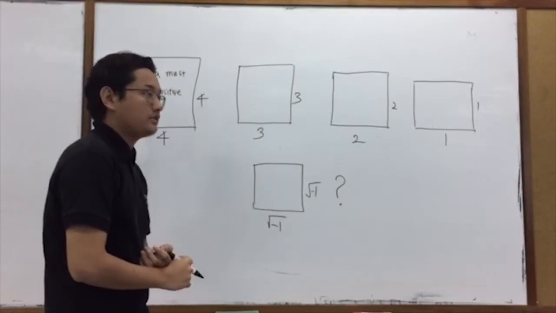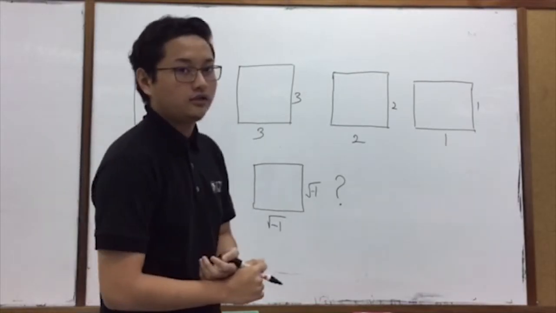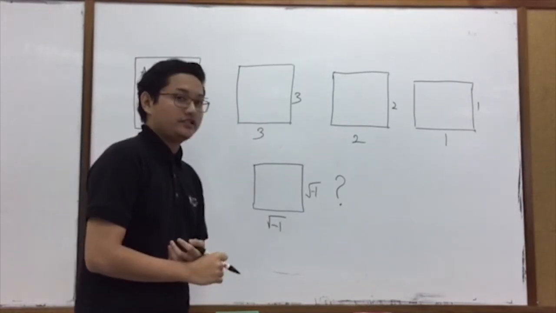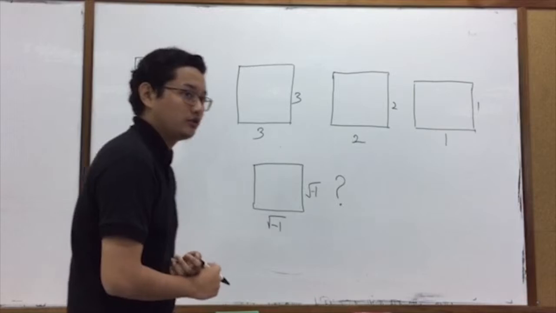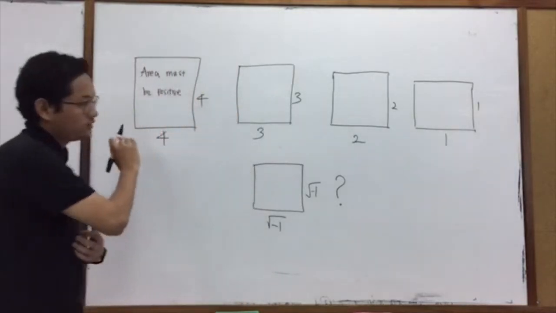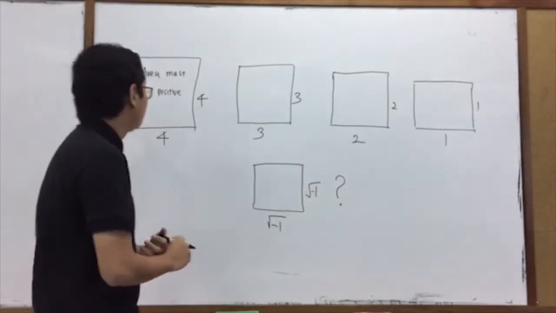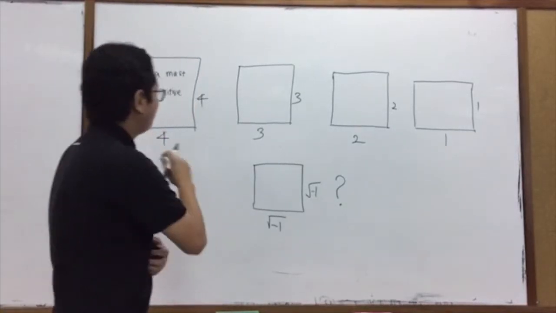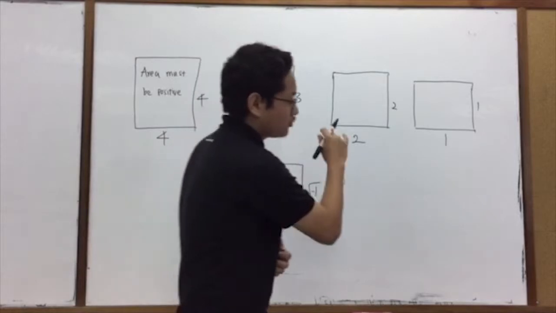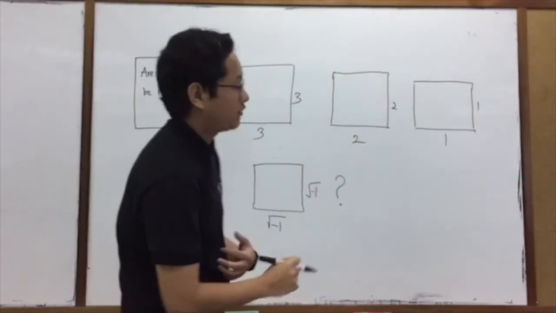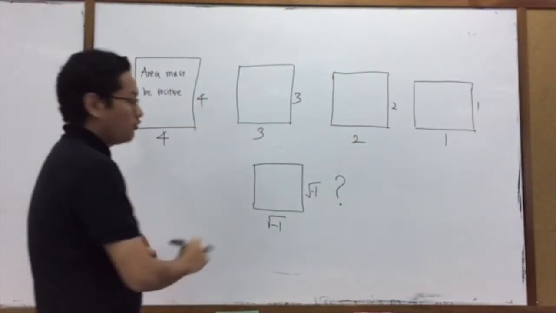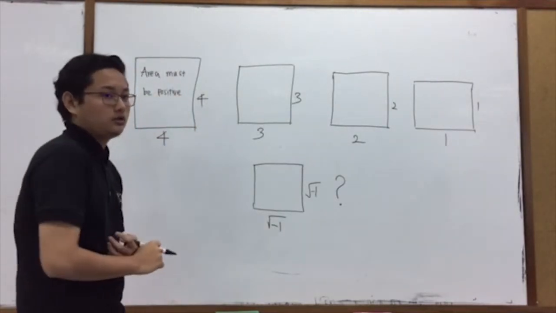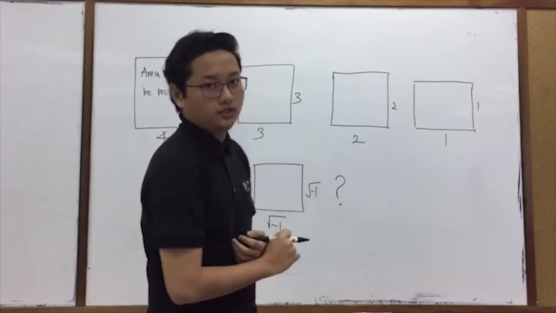We know that Bombelli stated that the square root of negative 1 can be solved, right? But there are some issues regarding the Bombelli solution, which we can see from here. You can see the area of a square must be positive, like 4 times 4, 3 times 3, 2 times 2, 1 times 1, you get a positive number. But what about square root of negative 1 times square root of negative 1? We all know that area must be positive, right?